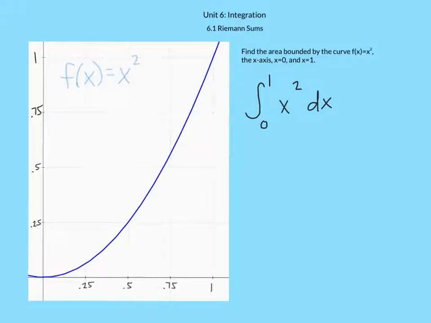So go ahead and put your function into y equals, so you want to enter an x squared. And then we really only care about a little bit of it. So let's go to our window and let's set our x min to -1 and our x max to 2. Remember, that's always a good thing to do, go one less and one more than you need.